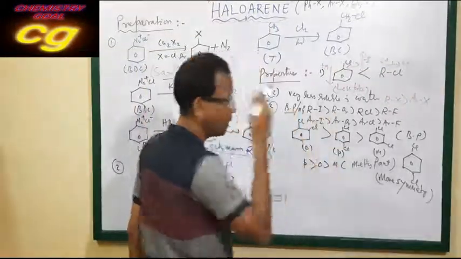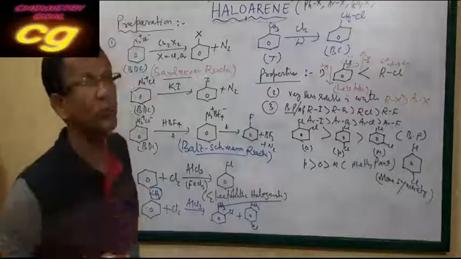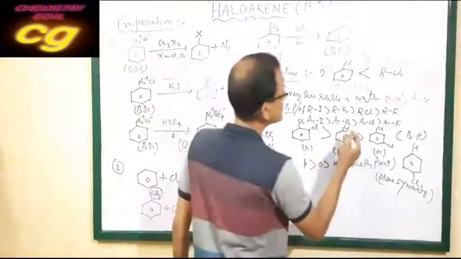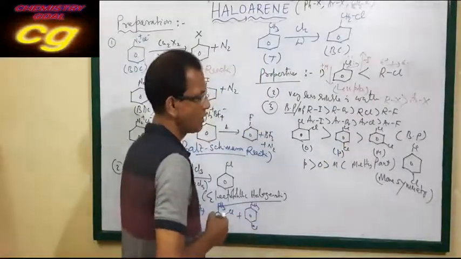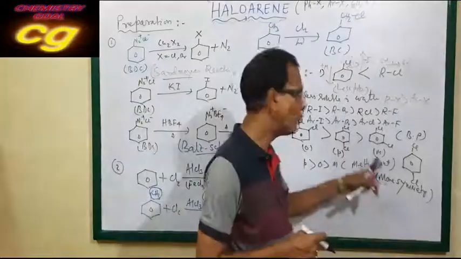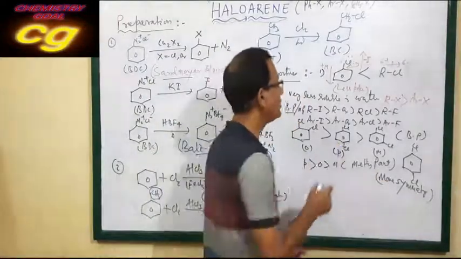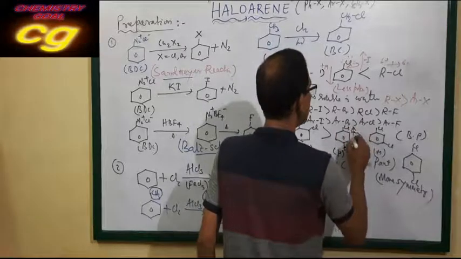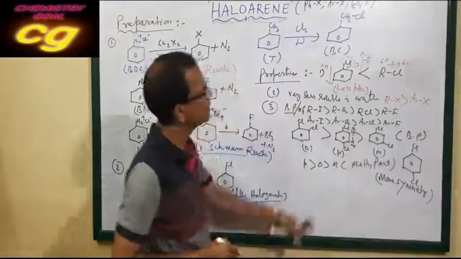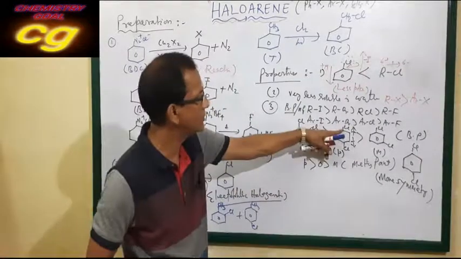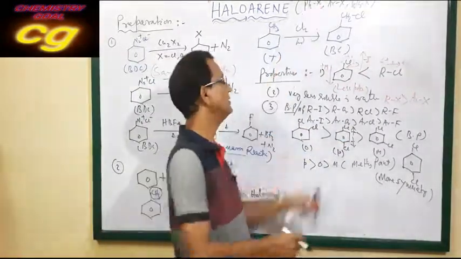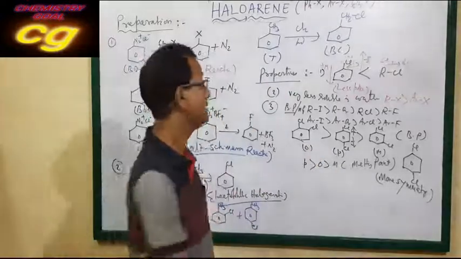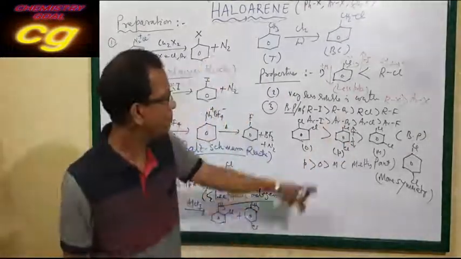But in case of boiling point, it depends upon polarity. As the para isomer has more symmetry, its polarity is less, because this is the dipole moment direction and this is the dipole moment direction. Both are opposite: the lower chlorine points downward, the upper chlorine points upward. That's why the dipole moment is less, and that's why its boiling point is less.